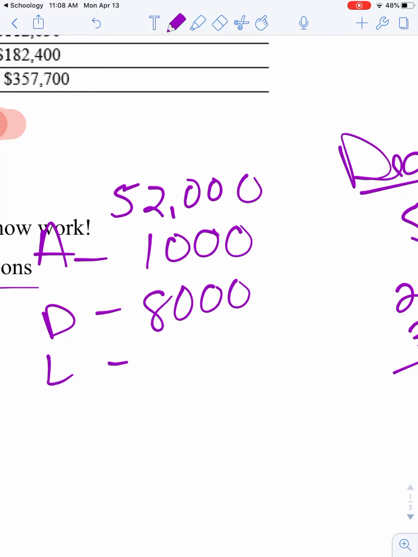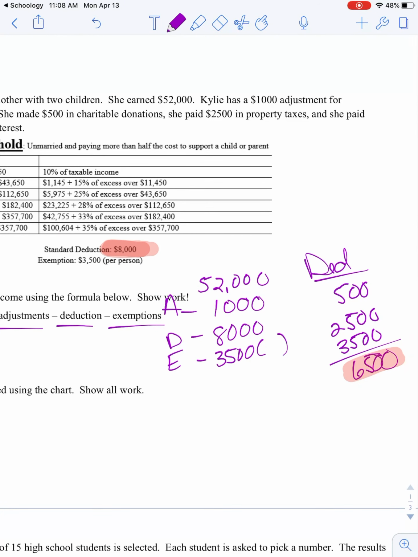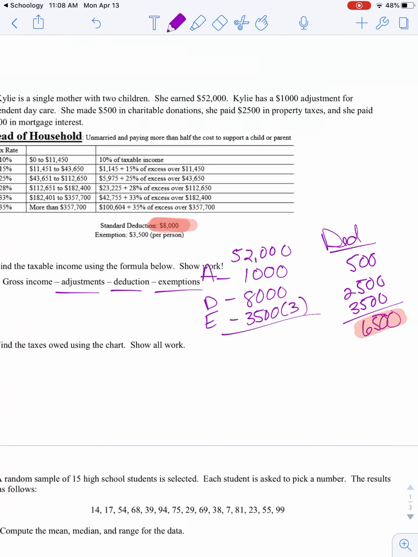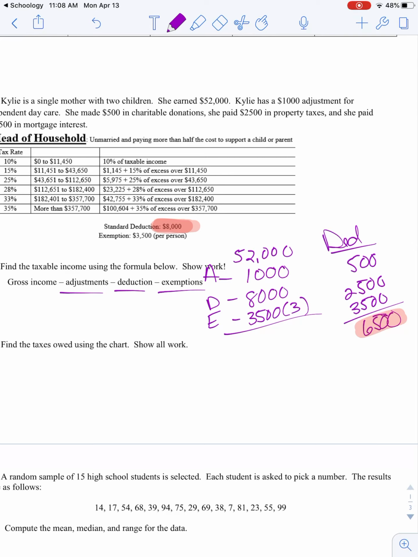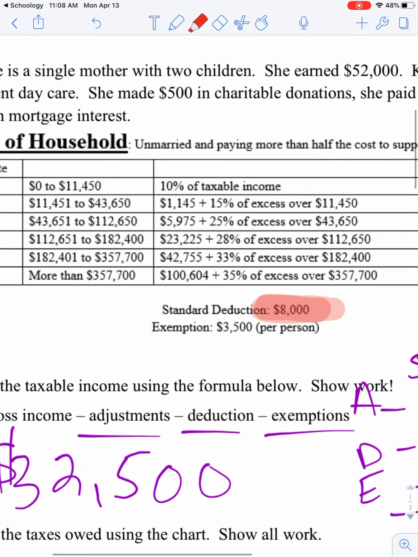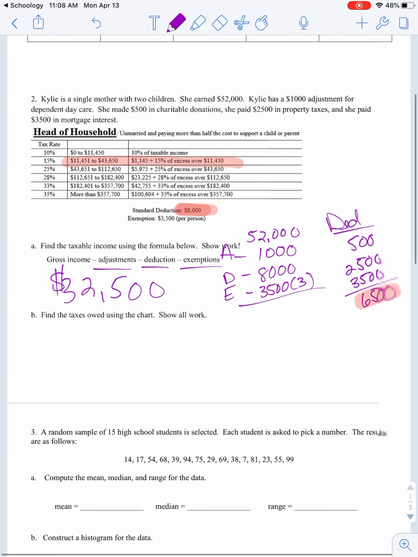And then remember the exemptions, it's $3,500 times however many people you have here, and they have 3 people. So that's why that's going to be the deduction there. So that's what you're gonna subtract from the $52,000, and that's where the $32,500 comes from. So that's your taxable income. So now I'm gonna look up here at the chart. $32,000 is between, we're in this row right here.